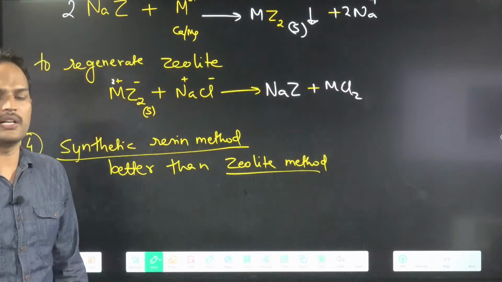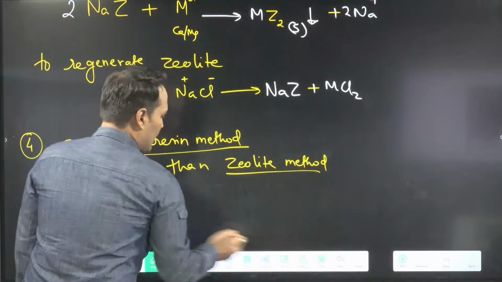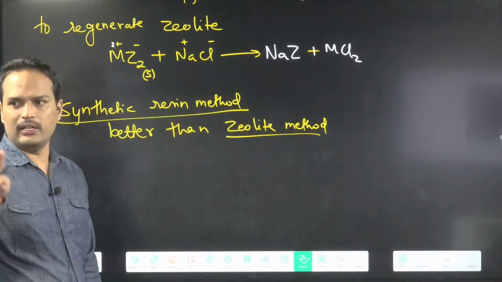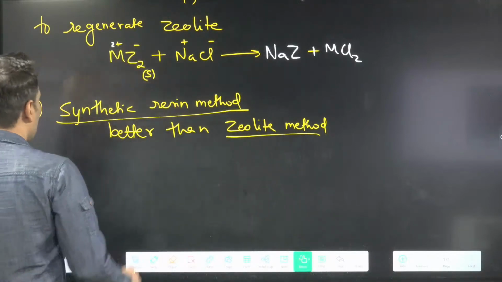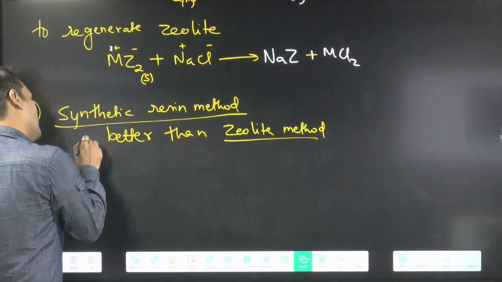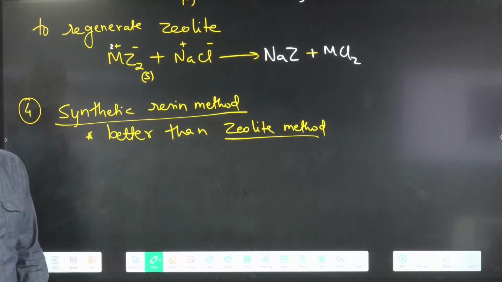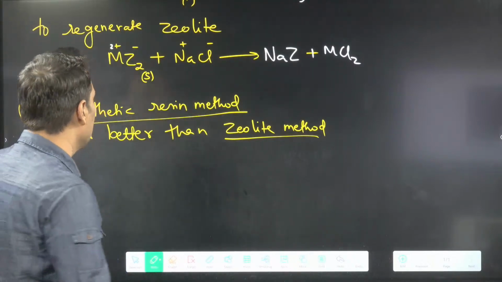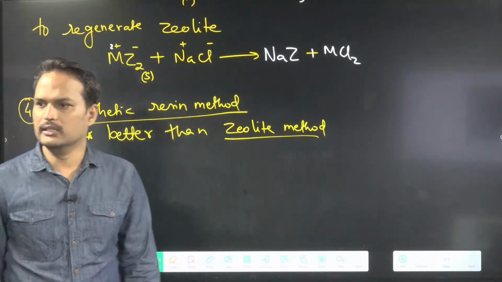This method is better than zeolite method. Clear? And after studying all these things, I will tell you two questions where you can be trapped. First point you have to keep in mind, because everyone forgets this: it is better than zeolite method or ion exchange method.